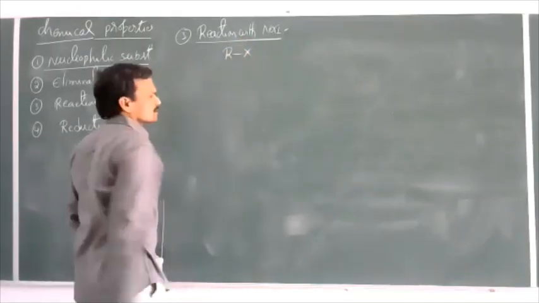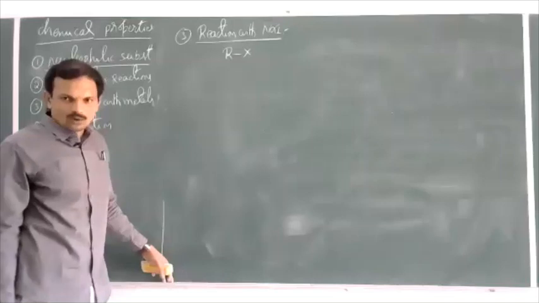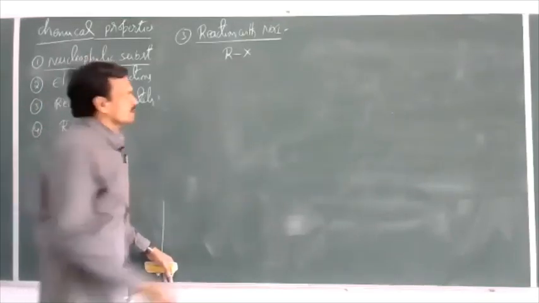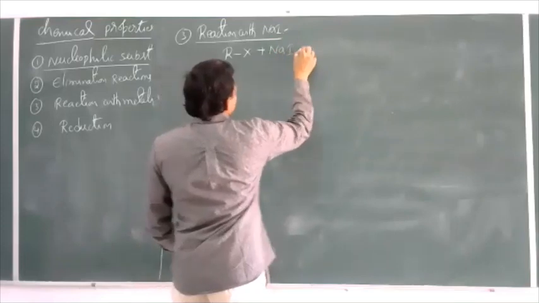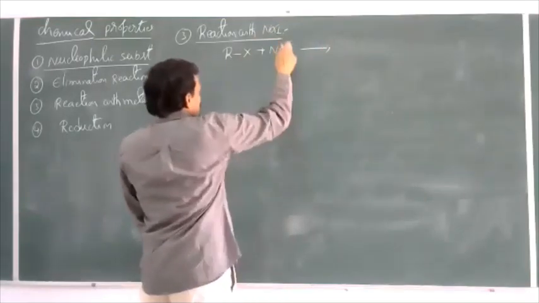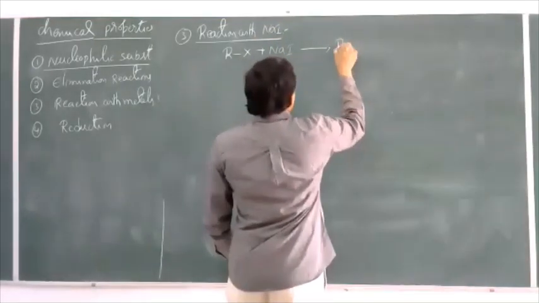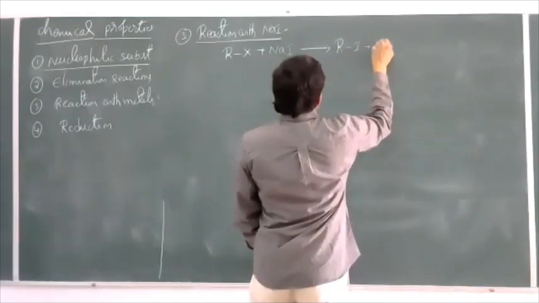RX, haloalkane, that is either chloroalkane or bromoalkane, when allowed to react with sodium iodide, then here X minus is replaced by I minus, and we can get RI plus NaX.